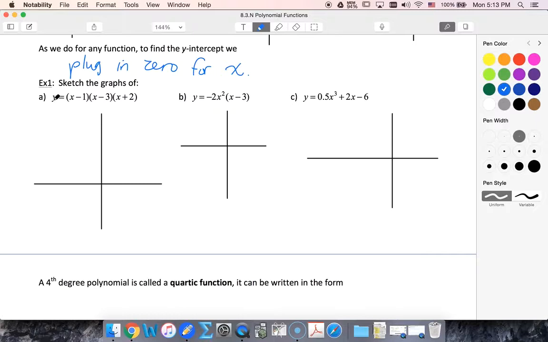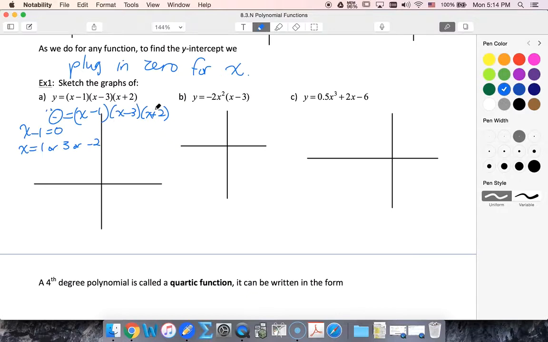So if instead of having y, I have 0, x minus 1, x minus 3, x plus 2, well, that really means that x minus 1 equals 0. Add that 1 to the other side, I would get x equals 1, or 3, or negative 2.